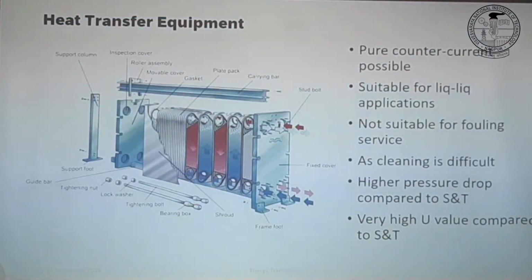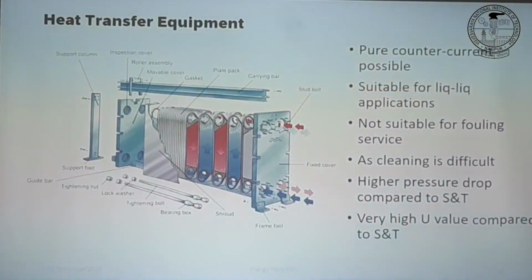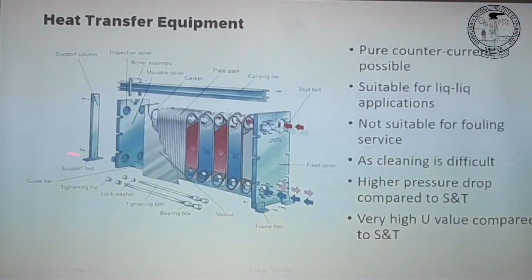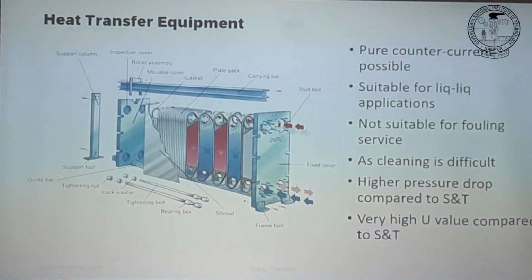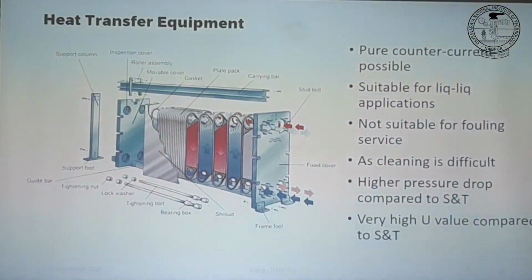Since the space is very small, the local velocities are very high, and that's why the heat transfer is very high. The major advantage of this design compared to shell and tube is that you can put a lot of heat transfer in a very small, compact exchanger. So the space requirement and flow requirement are much lower.